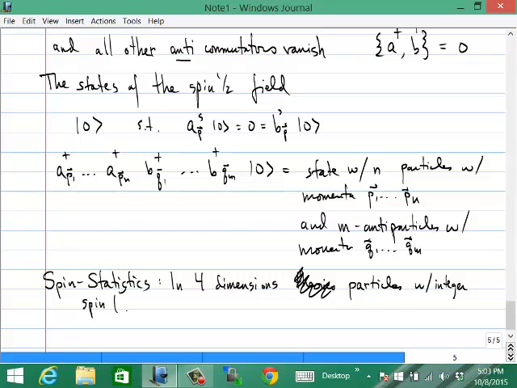So, for example, bosons, scalars, vectors, gravitons, and so forth must have bosonic statistics.